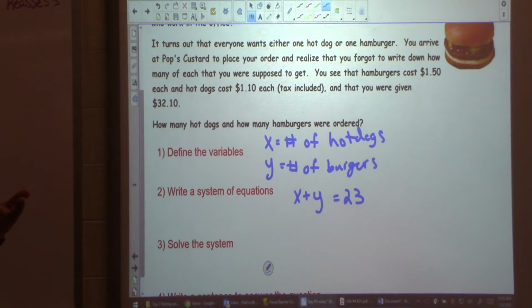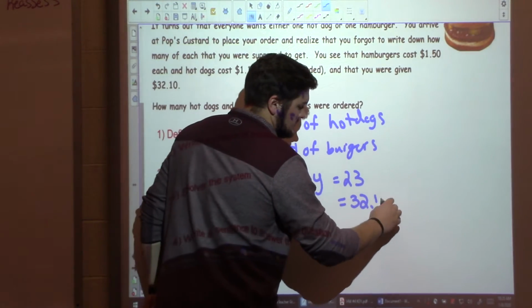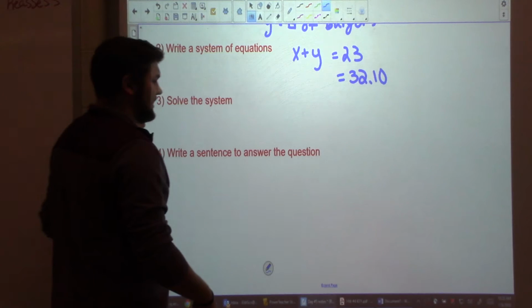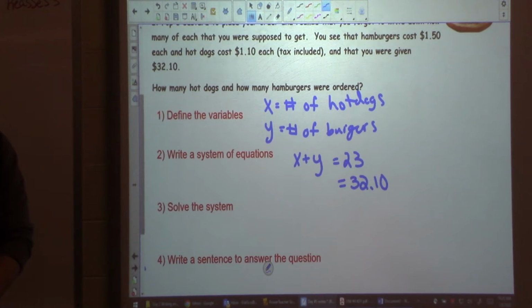There's a money portion of this, right? How much money am I spending? $32.10. So that's what it's going to equal. But then how do I figure out how I get there? Well, let's think about it. How much does a hot dog cost? $1.10.